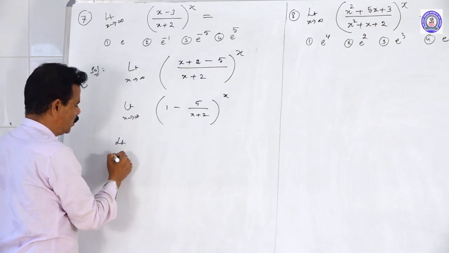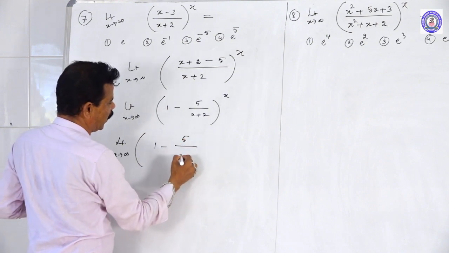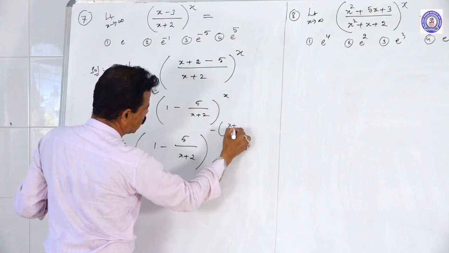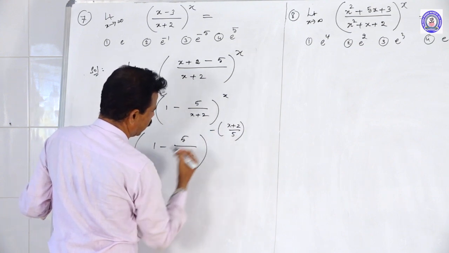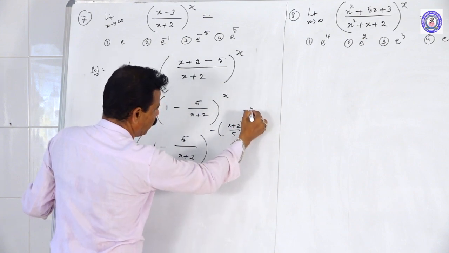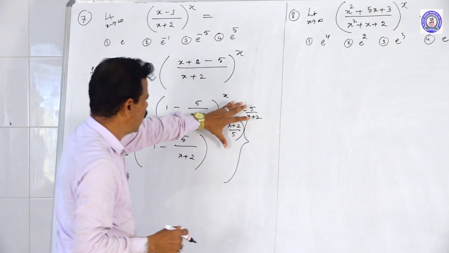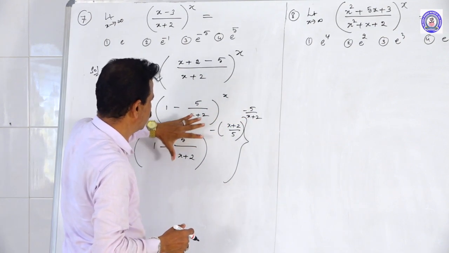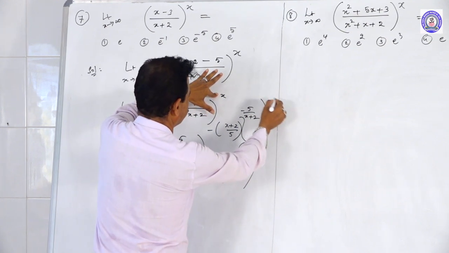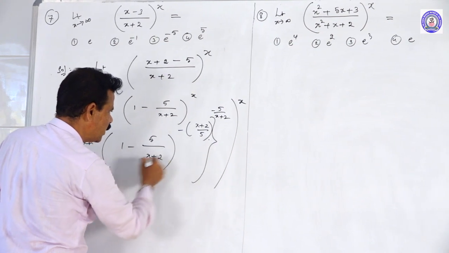We write the reverse: limit x tends to infinity, (1 minus 5 by (x plus 2)), putting minus of (x plus 2) by 5 as the power. This is extra, so we multiply again by minus 5 by (x plus 2). This is cancelled, so it is as it is, again x power x. So up to here, this is the e value.